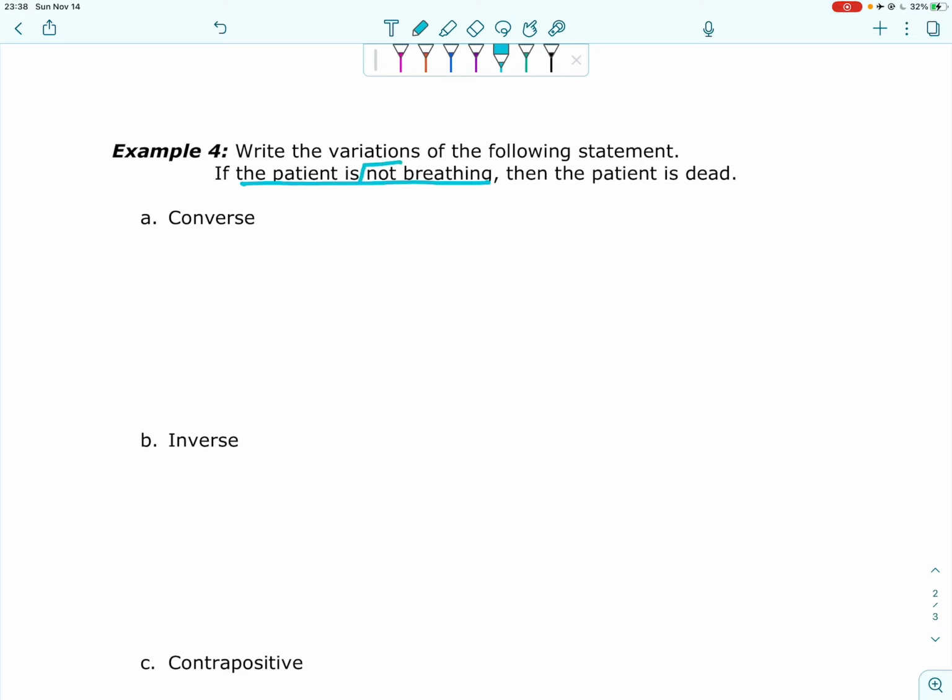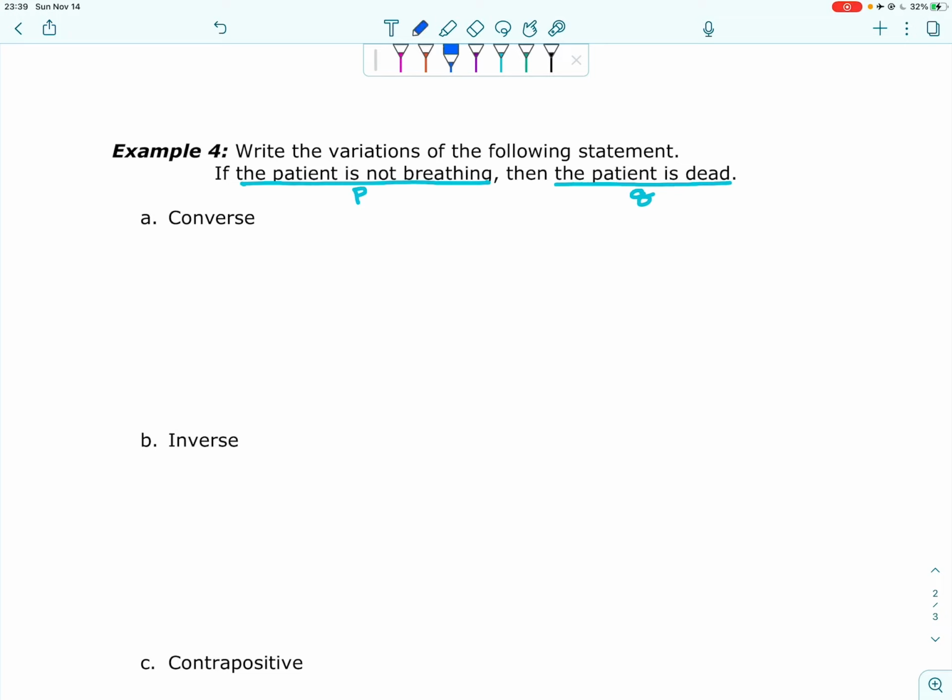I have the word not in here, so I'm going to go ahead and call this not P. Then the patient is dead is Q. You could call this first statement not P, it doesn't really change anything. Actually, I am just going to call it P. Let's just keep things simple. So the first statement is P, the second statement is Q.